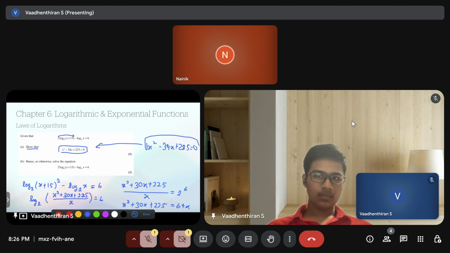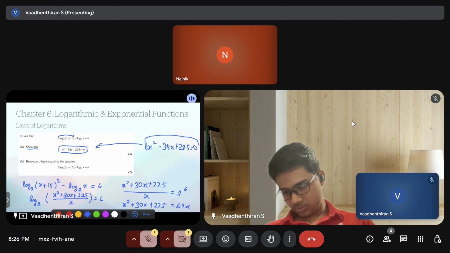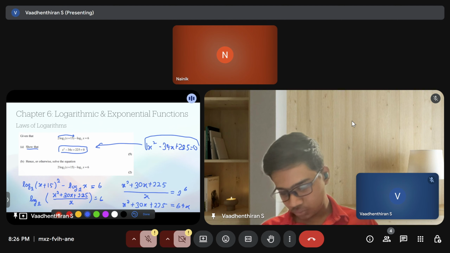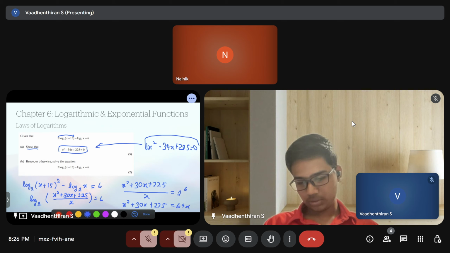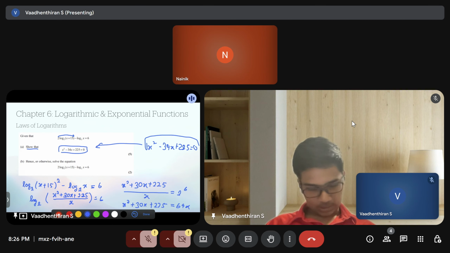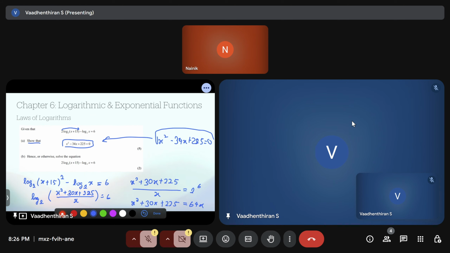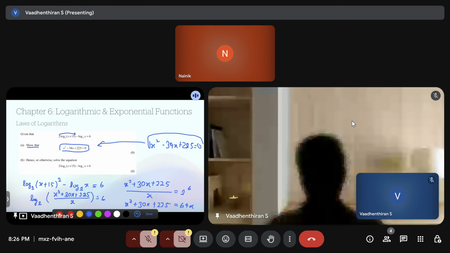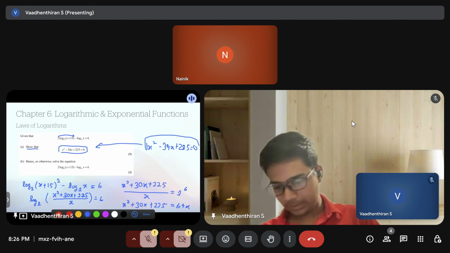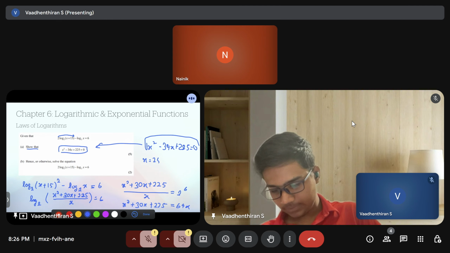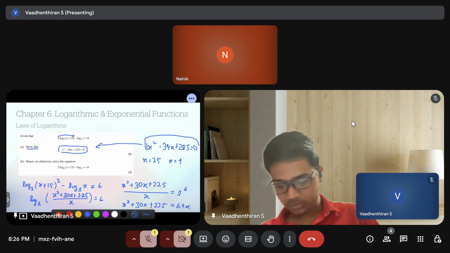So factor it out. I think it's better you do. Okay, so 225. Wait, let me check. I think it will be a decimal number. 225. No, it is a whole number only. 25 and 9. x is equal to 25 and x is equal to 9.